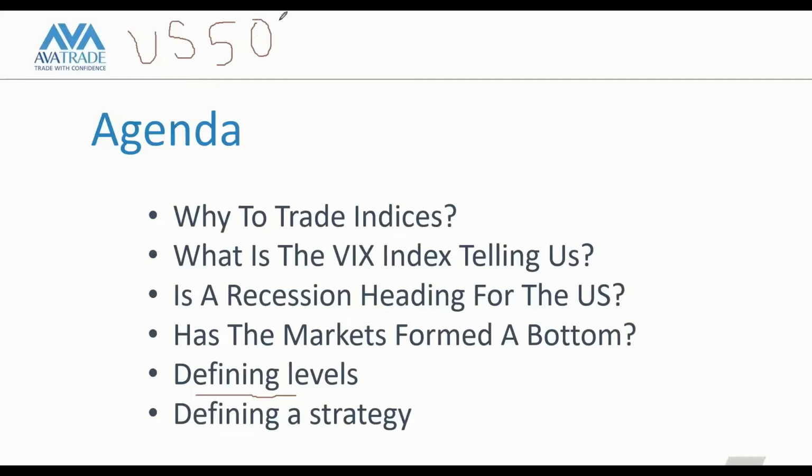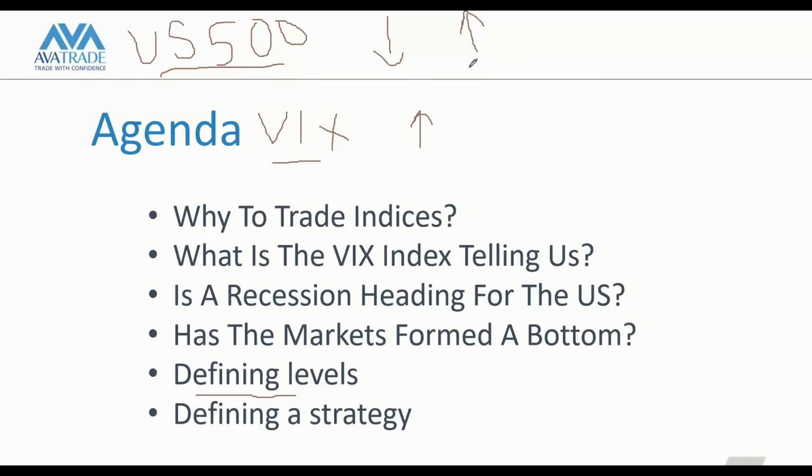So again, we have the US 500 index over here, which is your S&P 500 index, and on the other side we have your volatility index. Now, what is the relationship? The volatility index usually moves to the upside when there is a lot of uncertainty in the market, and the S&P 500 moves to the downside. The S&P 500 index moves to the upside when investors are feeling comfortable with riskier trades.